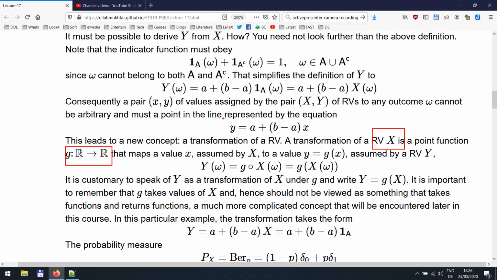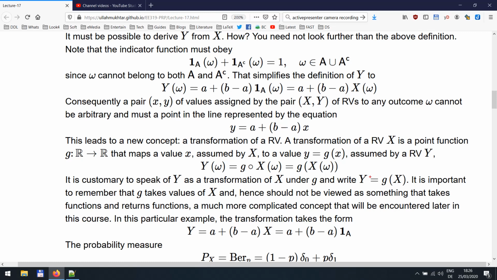And similar to this equation, because we can have other problems like that, we will have a different relationship between x and y. So let's call that relationship g. G will be a function. So values of x will be transformed to values of y by a point function g, and we call that a transformation.